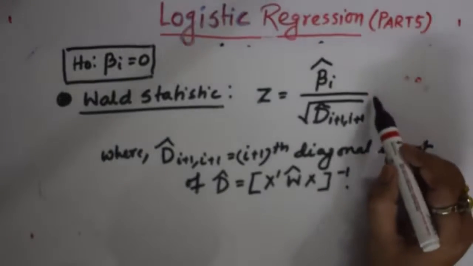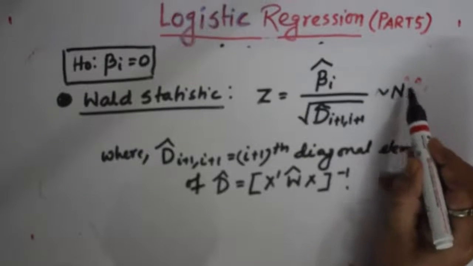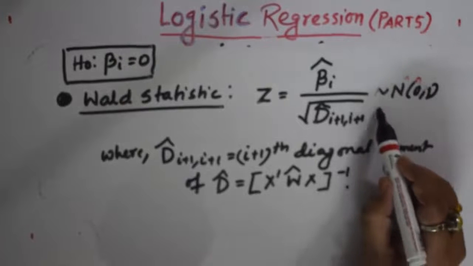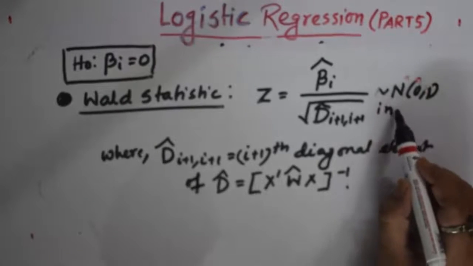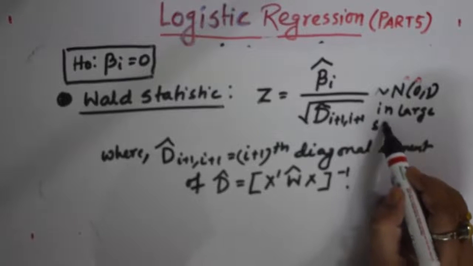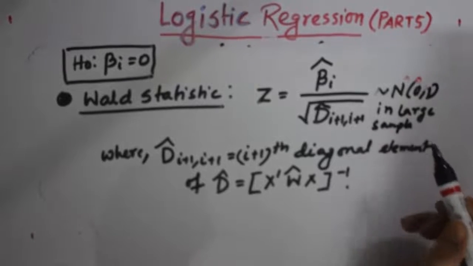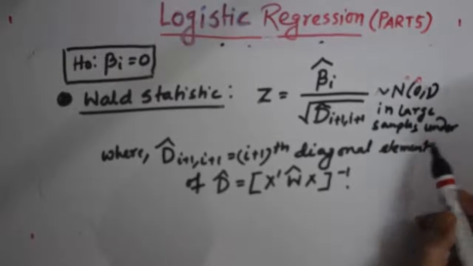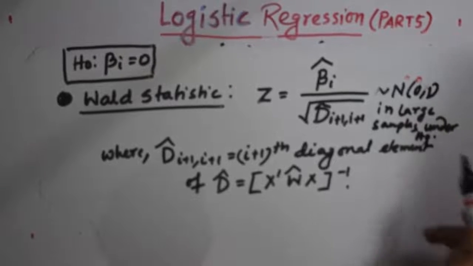This follows normal 0, 1 in large samples under H naught.